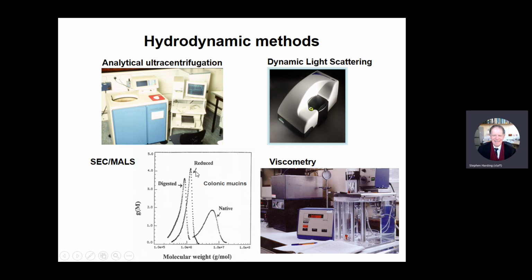Then if we reduce the molecule, that is, we break all the disulfide bonds, which are holding chunks, we call subunits, of the molecules together, using disulfide bond breaking agents. Those of you that have done SDS-PAGE before will know one of them. Remember a molecule called mercaptoethanol or dithiothreitol?